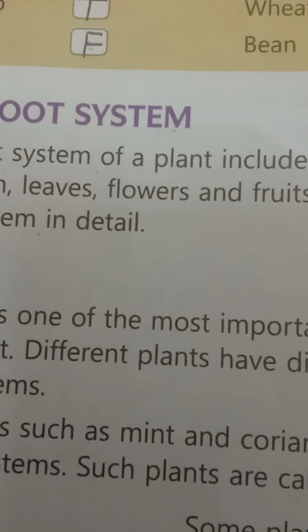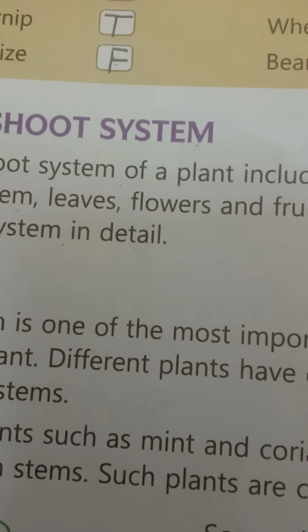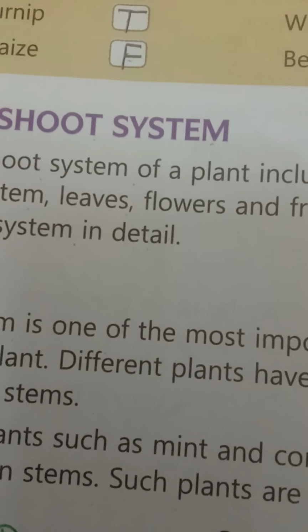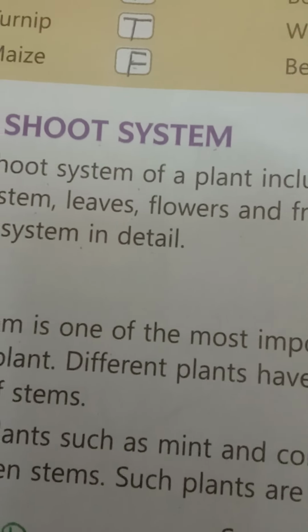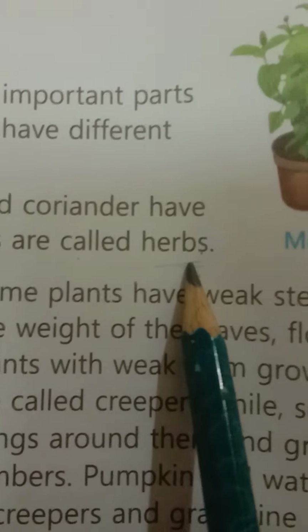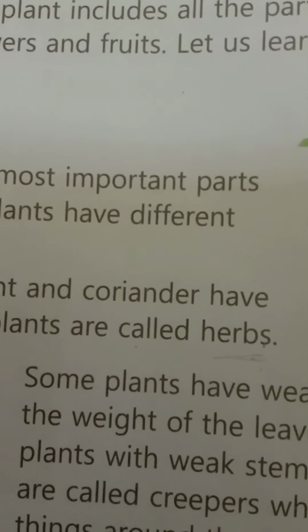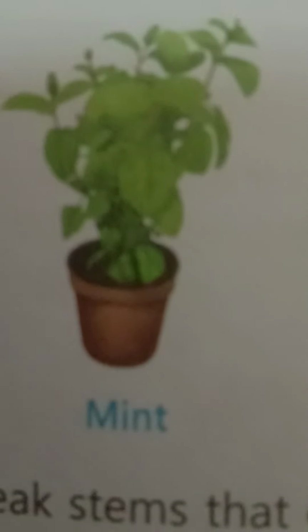So student, the stem is a very important part of the plant. There are various types of trees and plants in our environment. Different types of plants have different types of stem. So student, what are herbs? Yes, herbs are small plants with a soft and delicate stem. They have a green, tender, soft and delicate stem.